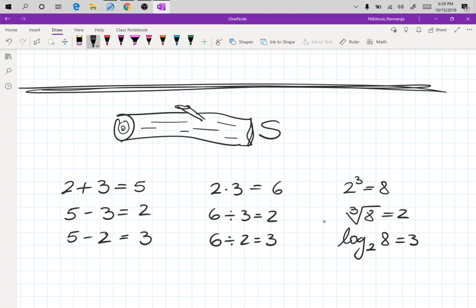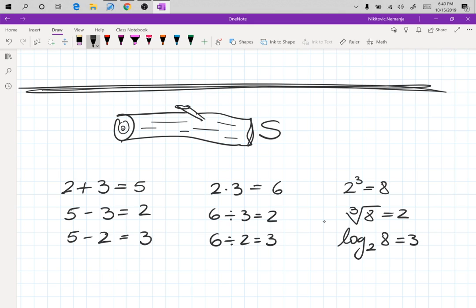All right, so when you are looking at this roadmap, you see that there is an operation that will undo addition. There is also an operation that will undo multiplication. And there are 2 different operations that would undo exponents. So logs are not functions. They are calculations.